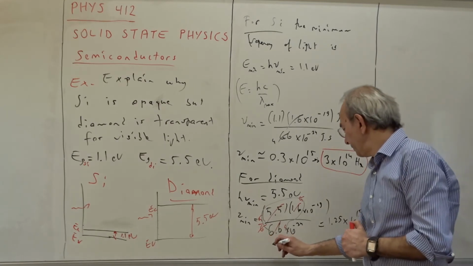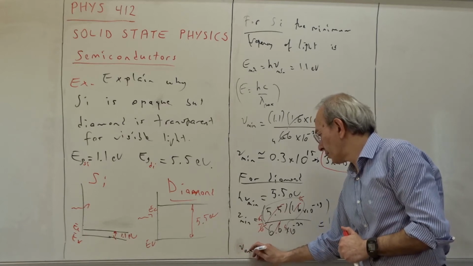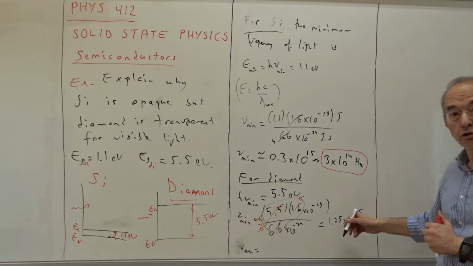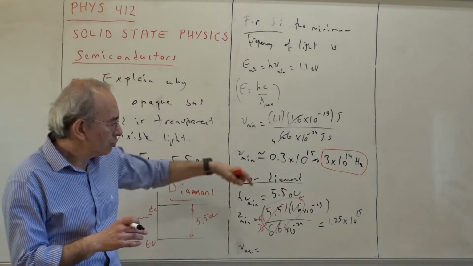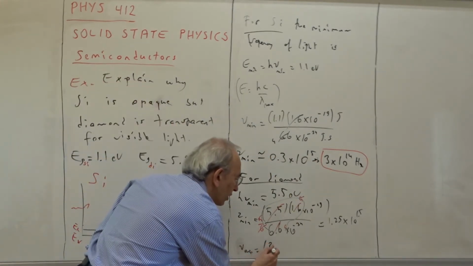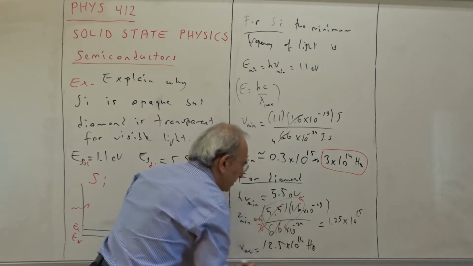So we have nu min is 12. Now in order to compare them, let's make the powers of 10 the same. So we have 12 times 10 to the 14 hertz.